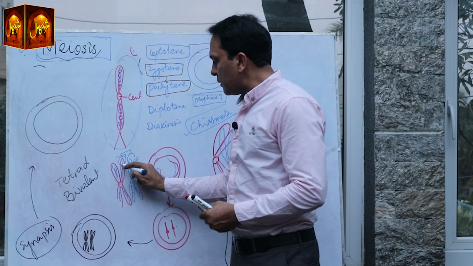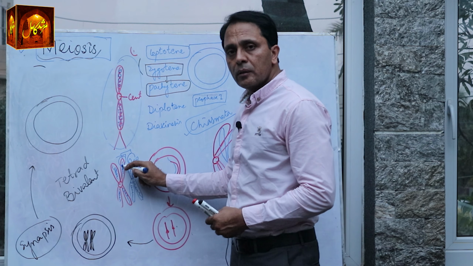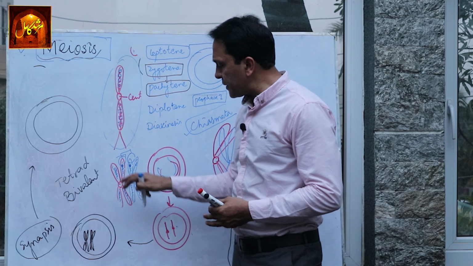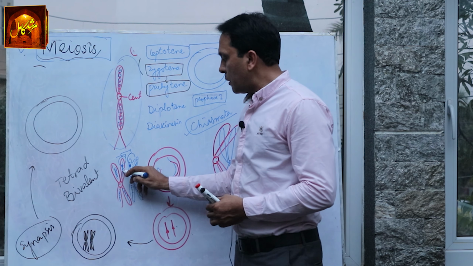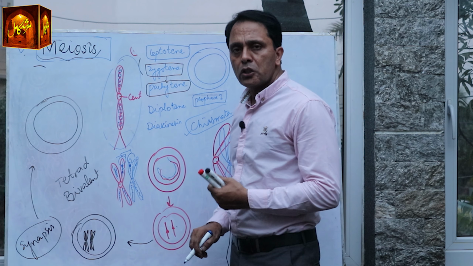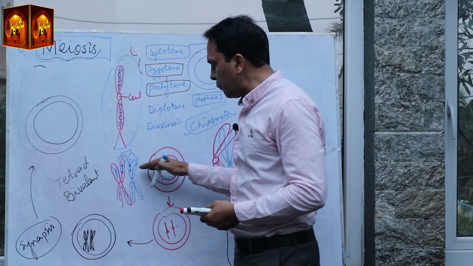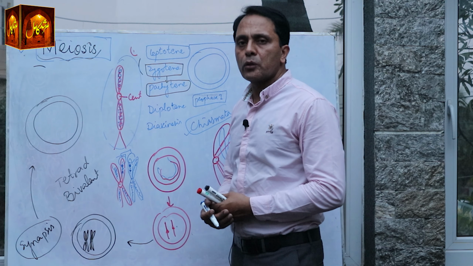If we have genes for eye color at the paternal side, the same genes will be present at the same position on the maternal chromosome. If we have a gene for the shape of the nose, the same gene at the same position will be present on the other chromosome.